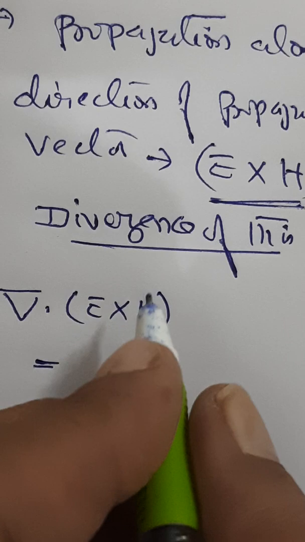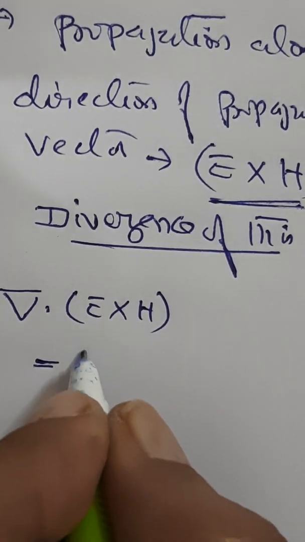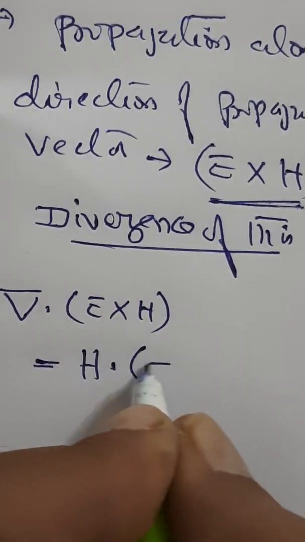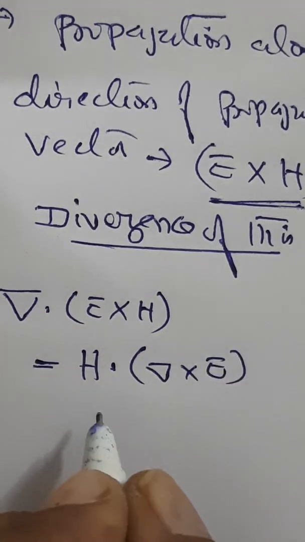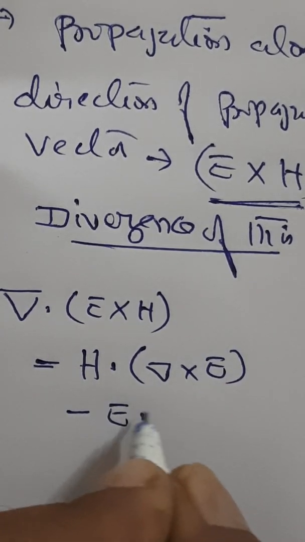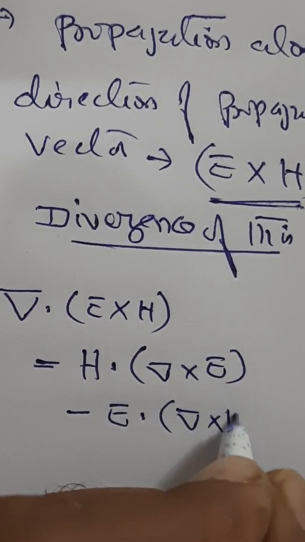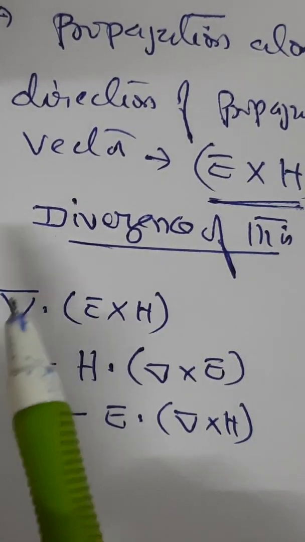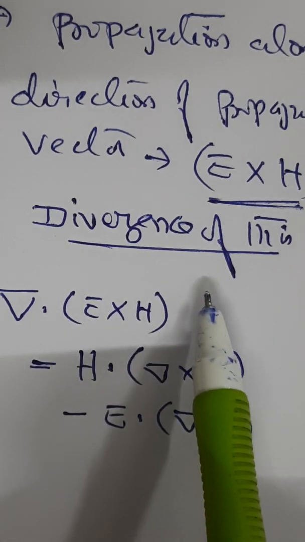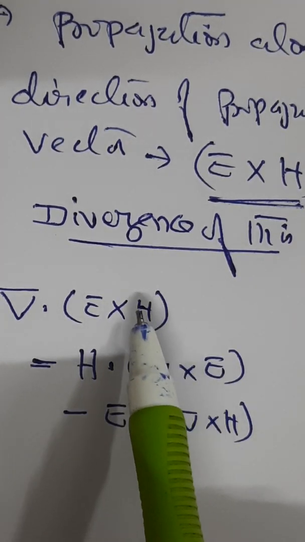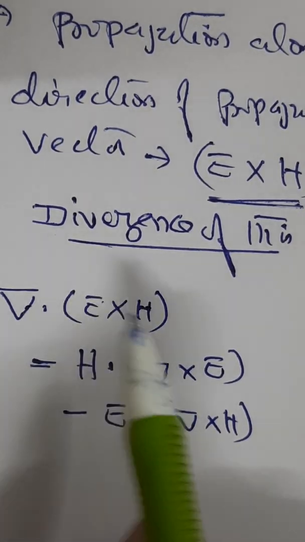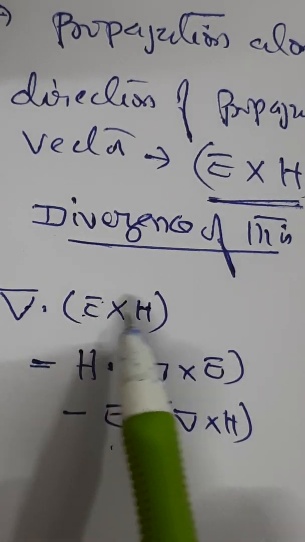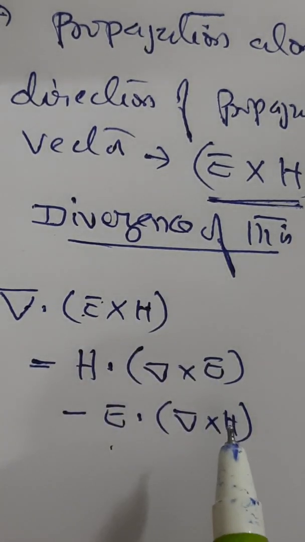As per divergence norms, it will be H dot del cross E minus E dot del cross H. This is the expansion of del dot E cross H. It is H into del cross E minus E into del cross H.